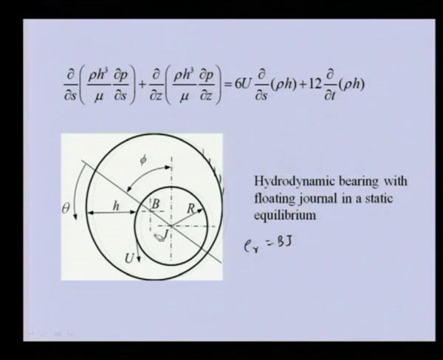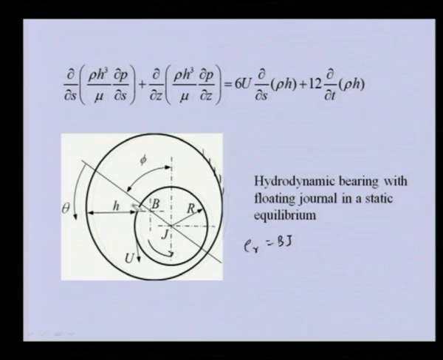In this particular case, the journal is rotating in this direction, and basically it is pumping the fluid, because the fluid will get trapped here and it will be pumped into this narrow region, and because of this continuously converging shape, the pressure will develop, and that will allow the bearing and the journal to separate. There will be very high pressure in this region, and that will basically sustain the weight of the journal or any other force which is acting on the journal.